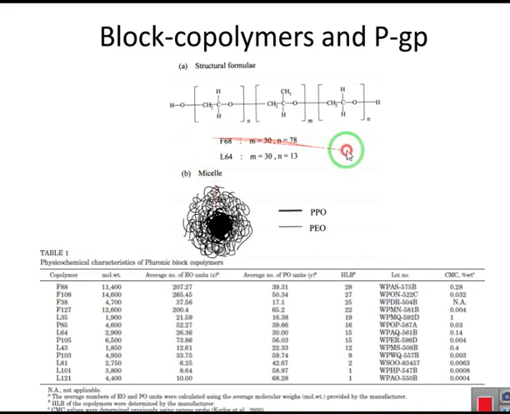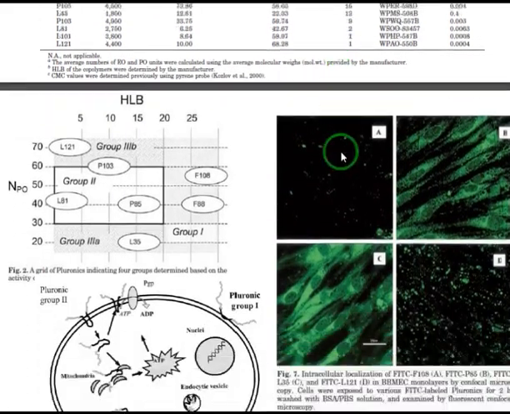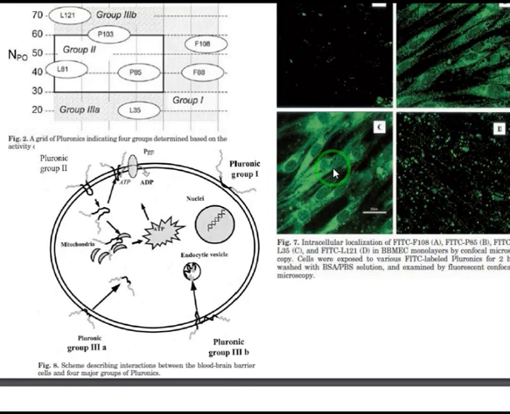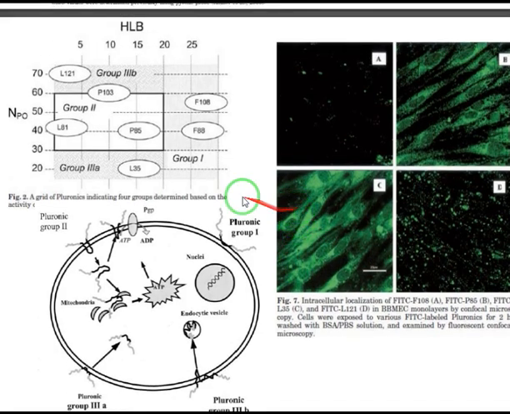And at one optimal size, the activity of the PGP will be inhibited, will be stopped, okay?